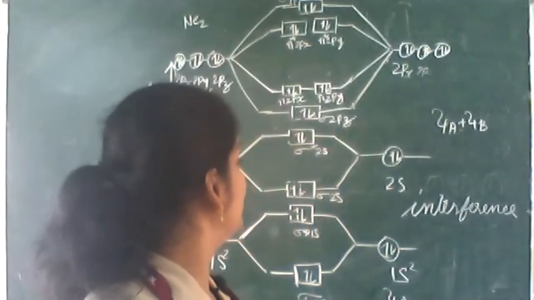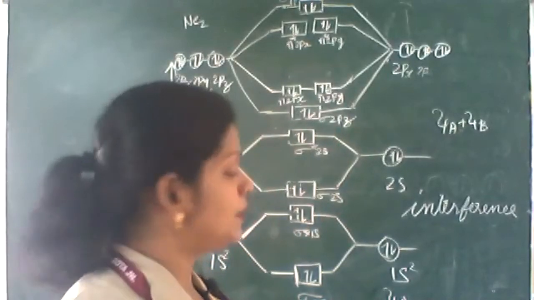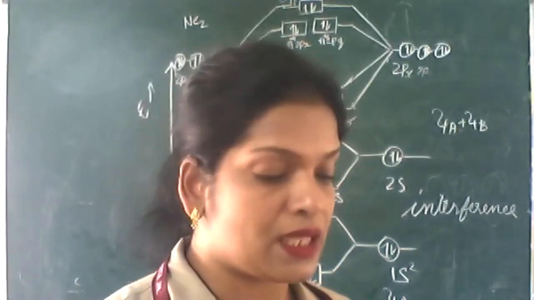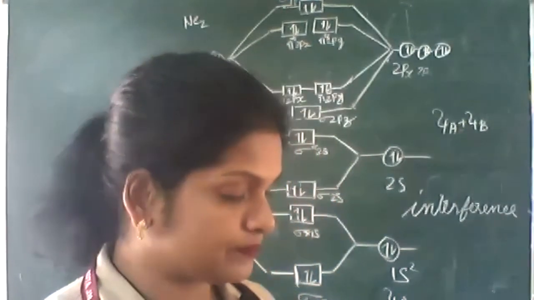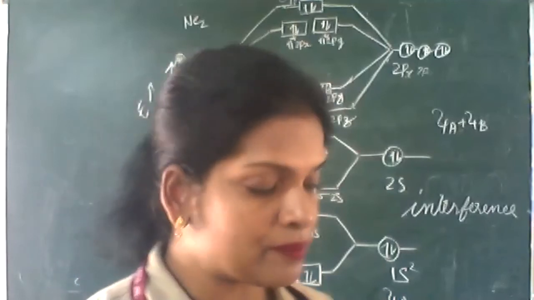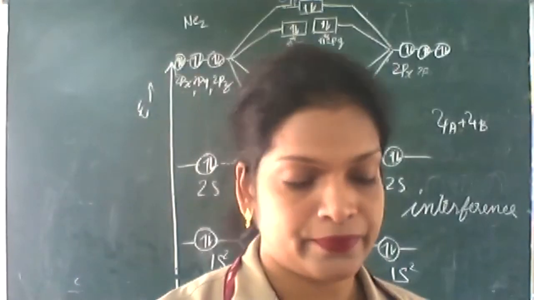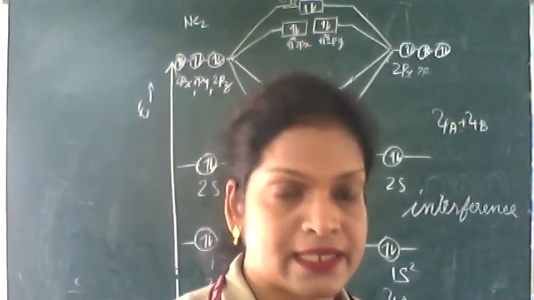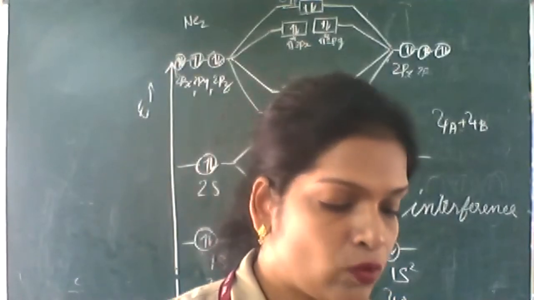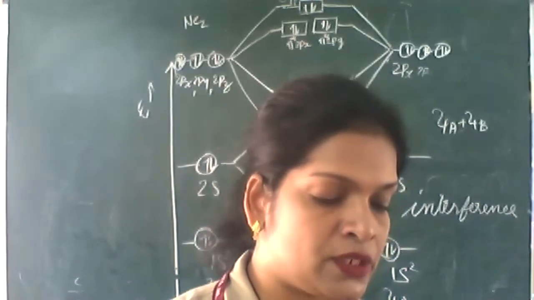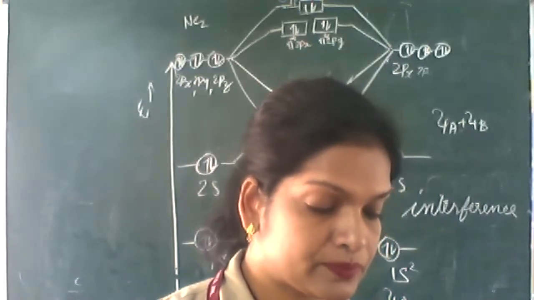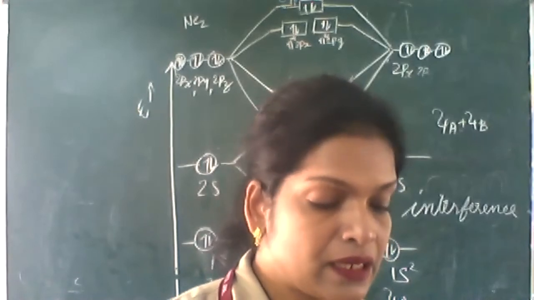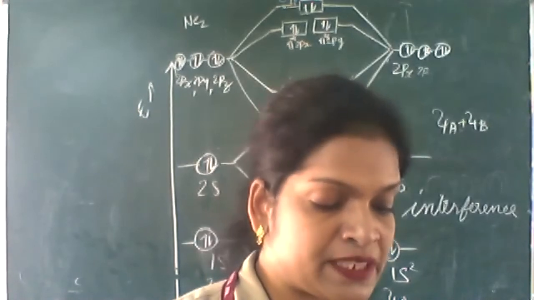In ABMO, electron density is located away from the nucleus, away from the space between the nuclei.